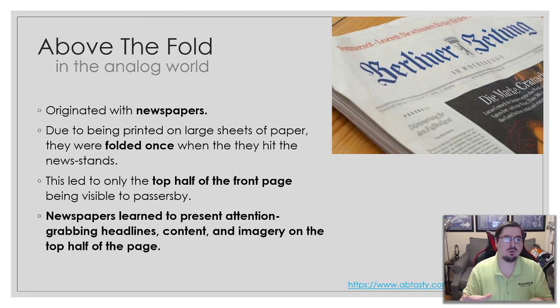So that top part of the front page had to really sell the user, had to sell the passerby, on the idea that they should buy that newspaper, with attention-grabbing headlines, content, imagery, all of these kinds of things they want to put at the top of the page so that you go buy that newspaper.